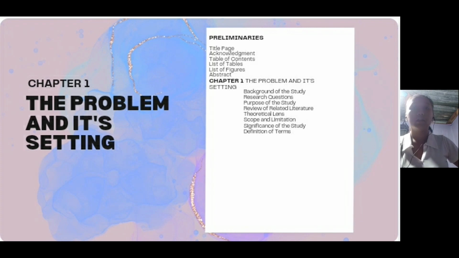Next is the theoretical lens. It is to provide a particular perspective or lens through which to examine a topic. Scope and limitation refers to the extent to which your study or research topic is covered. It is done mainly to keep your research practical and feasible.